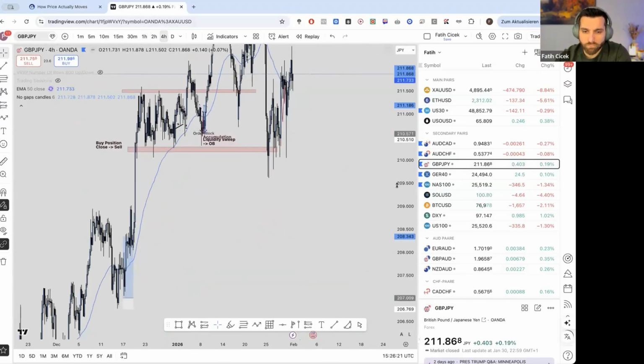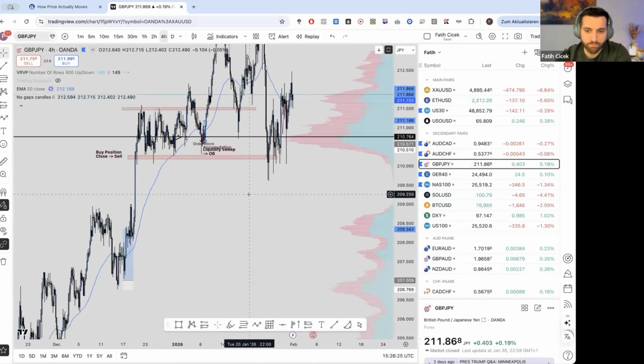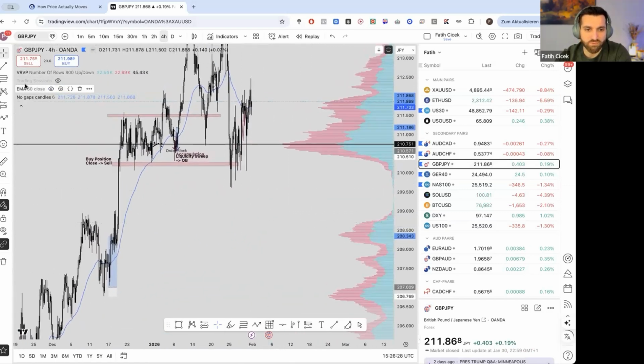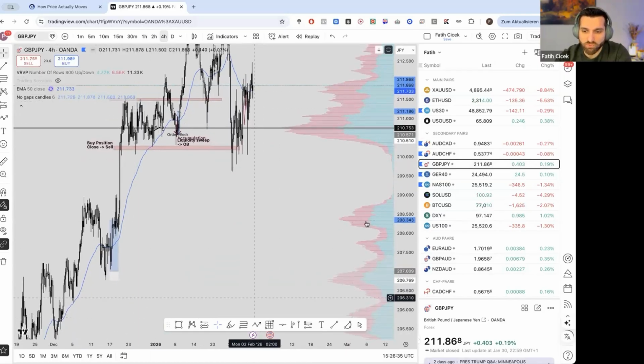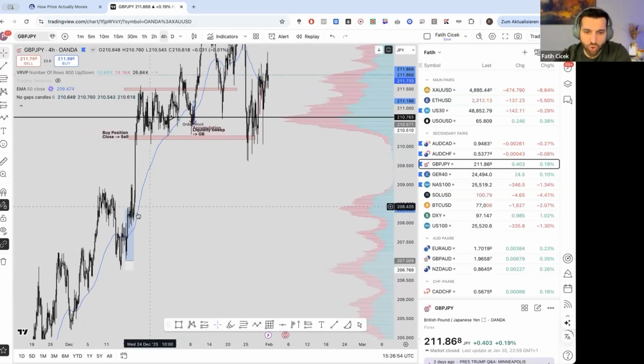So this is the GBP JPY chart. What we're seeing here is the VRVP, the visible range volume profile. It shows us where most of the transactions were made in this specific market. As you can see, we have a high volume here, sitting at 210.750, and then we have a high volume here, and in between them we just see a jump.